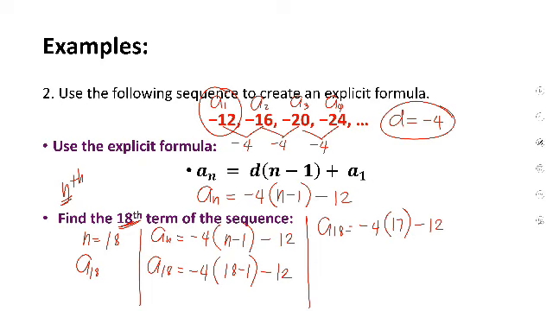And then let's simplify. Negative 4 times 17 will give us negative 68, minus 12. And what is negative 68 minus 12? So we have a sub 18 is equal to negative 80. All right, since they're both negative, 68 plus 12 is 80. They're both negative, so we copy the sign common to them, which is negative. All right, so that is how to use the explicit formula.